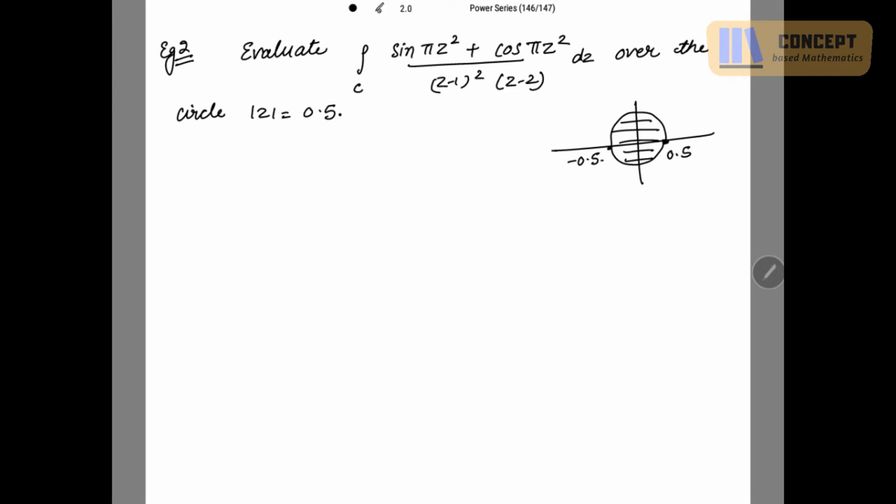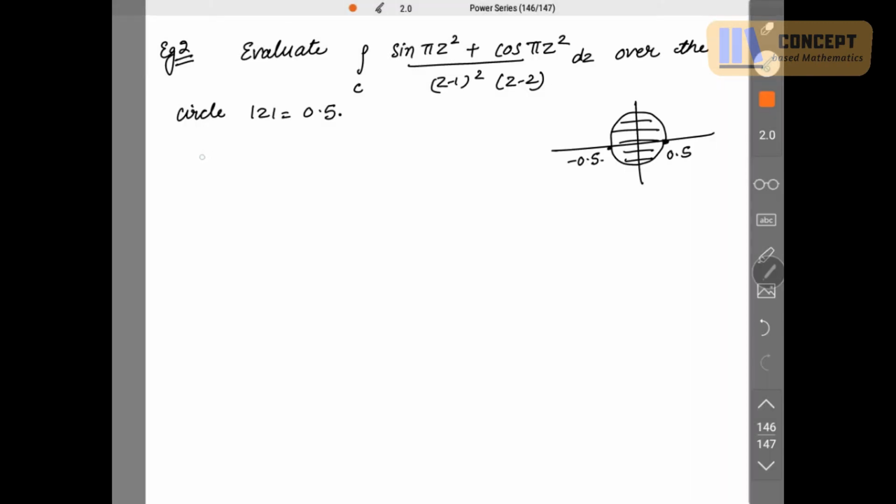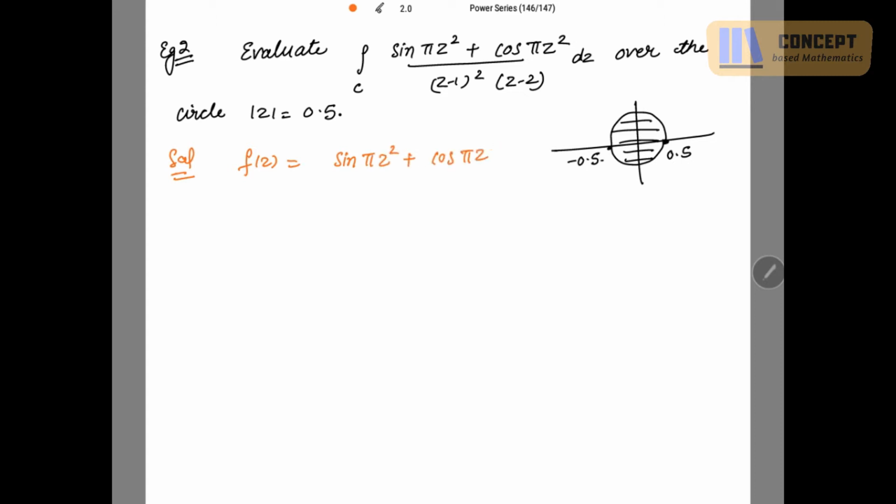So I am writing this solution. Suppose your f(z) is given as (sin πz² + cos πz²) over (z − 1)²(z − 2). Now here f(z) is analytic everywhere except z equal to 1 and z equal to 2.